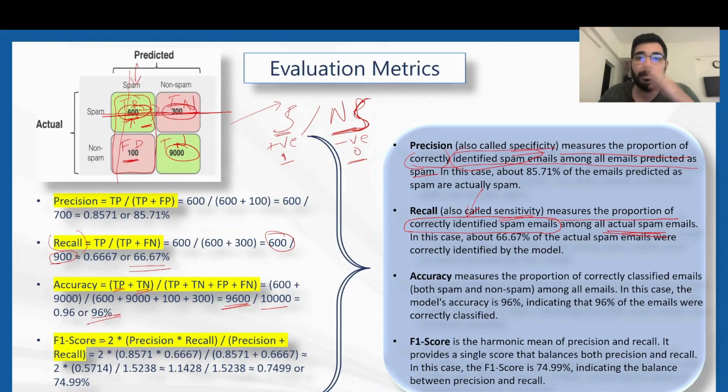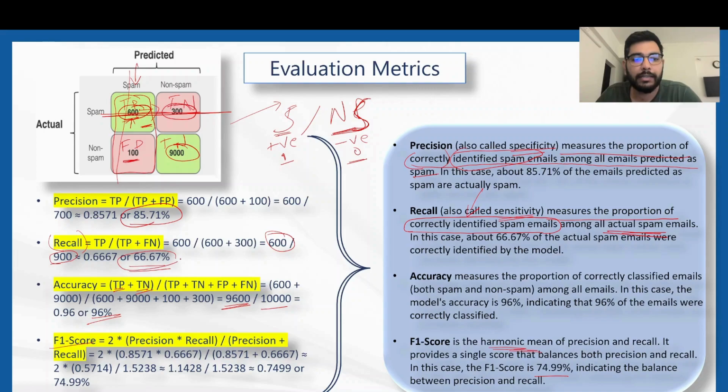F1 score, in between, trying to merge both the precision and recall, trying to get us a number to sense if both of them are performing good at a certain threshold. We have the F1 score, that is the harmonic mean of precision and recall. We have it at 74.99%. So just to give you a sense of F1 score again, we have a precision at 85, right?